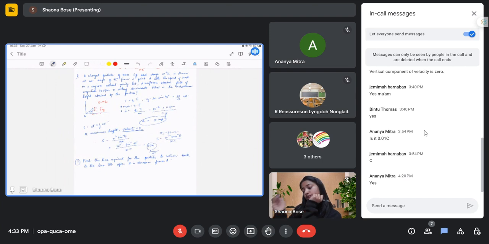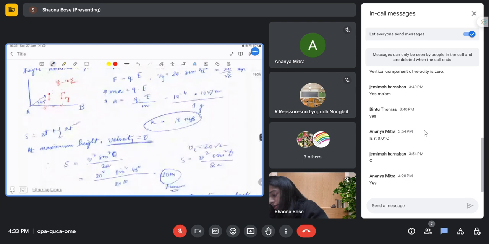So now how much will it take, the total time for it to reach the baseline? I didn't mark which is B, say this is my B, this point.